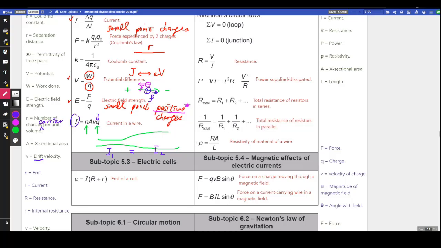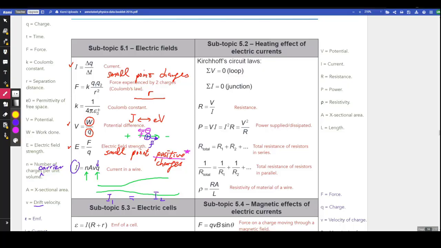Before we move on, I would like to remind you of another important concept: potential difference is a scalar, so you don't have to care about the direction. As for electric field or electric force, they are vectors, so when you're trying to add things together, you may need to consider trigonometry.